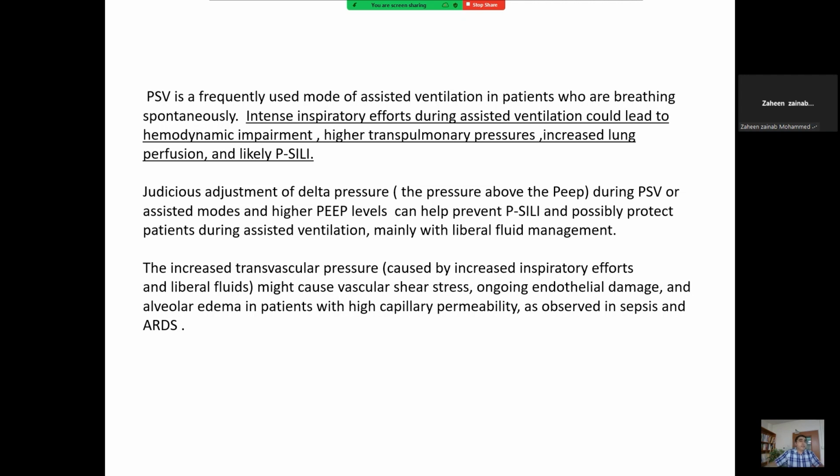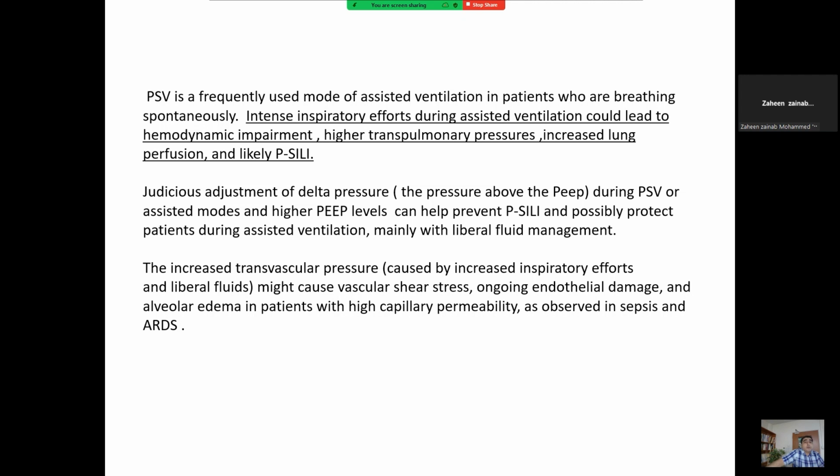Pressure support ventilation is a frequently used mode of assist ventilation in patients who are breathing spontaneously. Intense inspiratory effort during assist ventilation could lead to a hemodynamic impairment, higher transpulmonary pressure, increased lung perfusion, and likely patient self-inflicted lung injury.